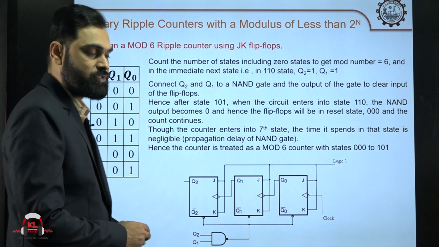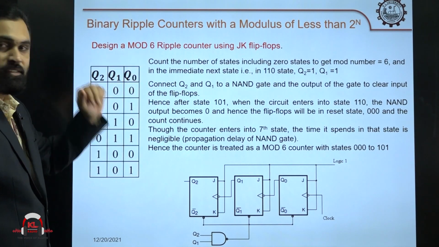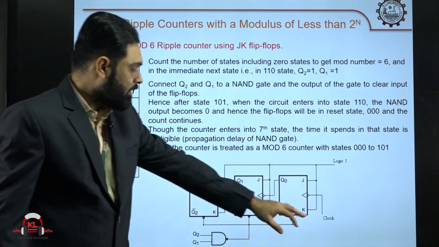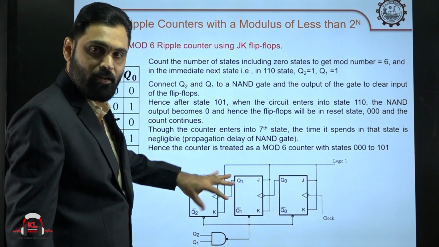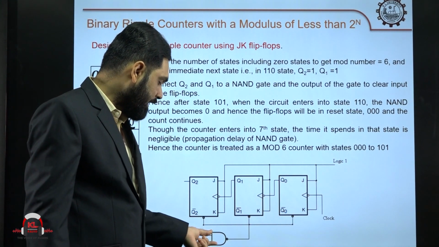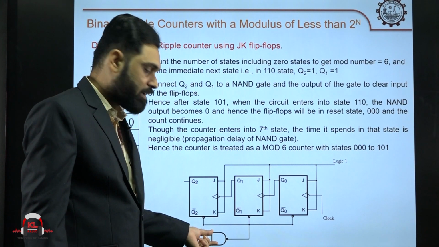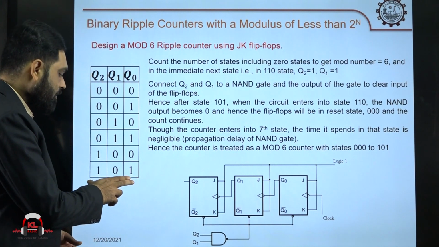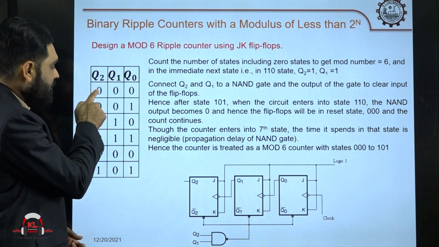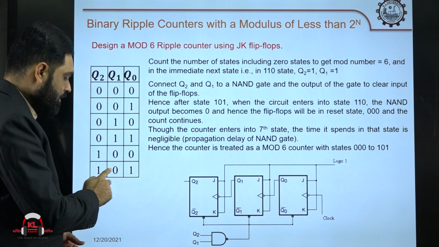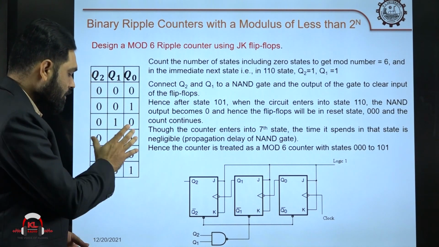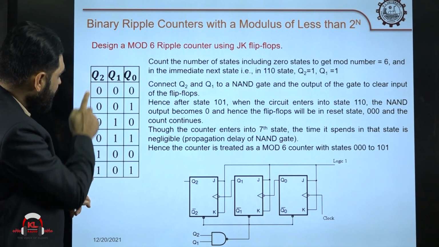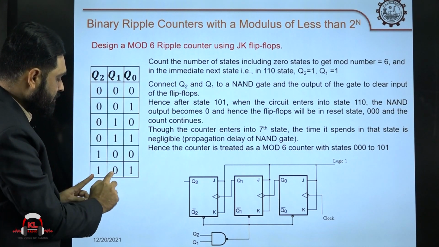This logic is used to design a mod 6 counter. Initially the normal up counter is constructed, and a NAND gate is taken. We thought that we have to start with 0 0 0 and the value should end with 101. If you look at 101, one is at Q0 and one is at Q2, and the Q1 value is 0.